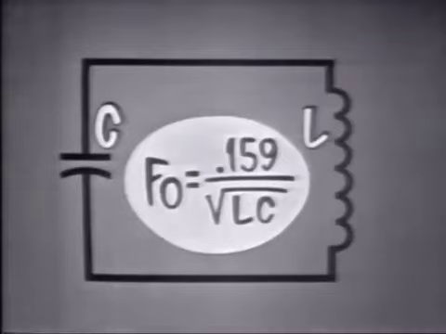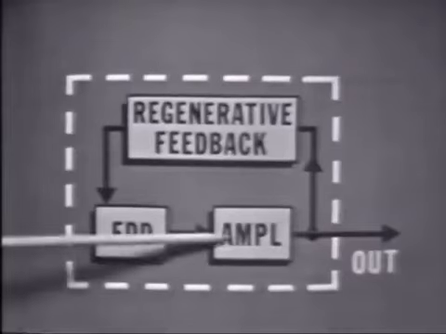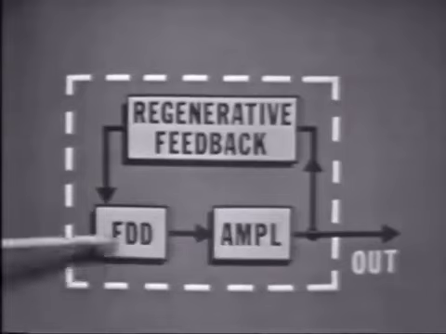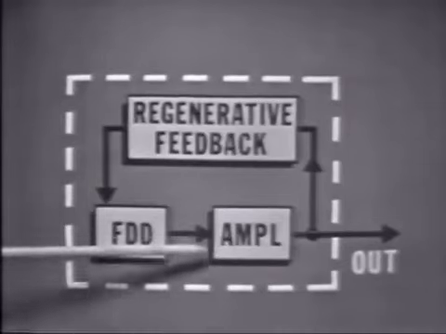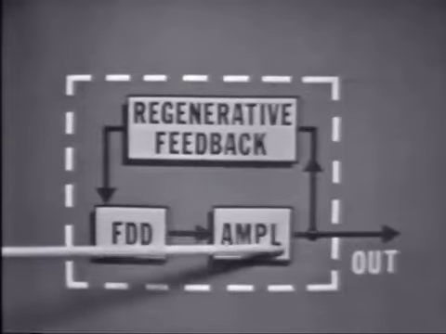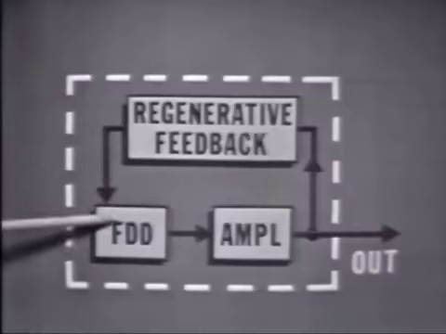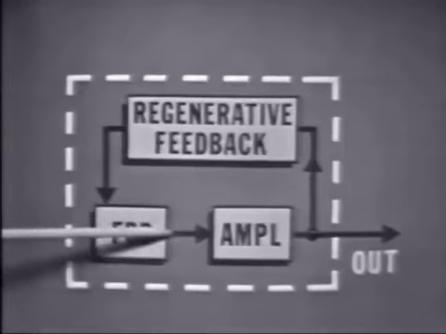Feedback is required to sustain oscillations in the frequency determining device and is usually accomplished with an amplifier. The frequency determining device provides an input to the amplifier, and the amplifier must provide enough gain so that part of the output signal can be fed back to overcome resistance in the tank and replace any energy lost through loading.